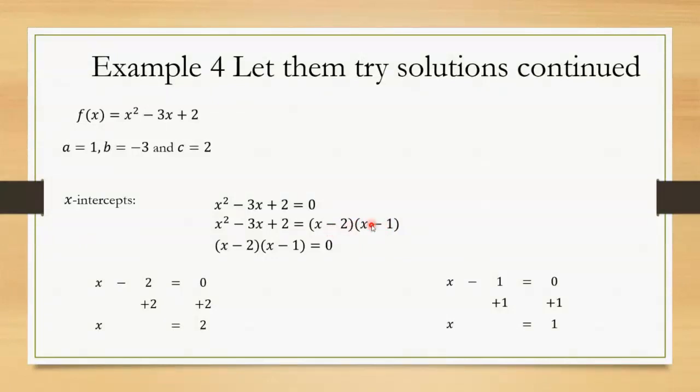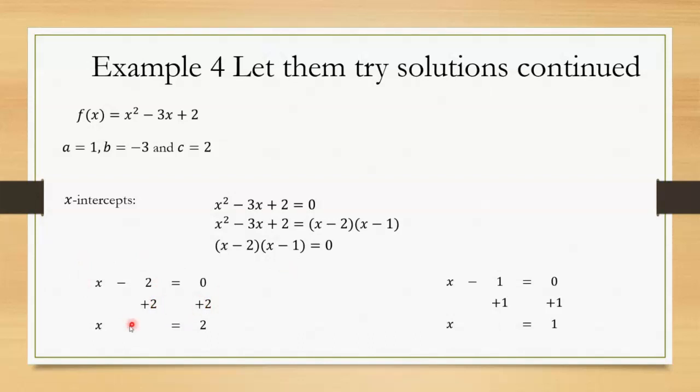This would be our -2. This would be our -1. So instead of having this equal to 0, we would have this whole product equal to 0. And remember, when you do that, you set each factor equal to 0. So the first factor is x minus 2, that's equal to 0. The second factor is x minus 1, that's also 0. Now, how do we get x? Well, here we just solve for x.